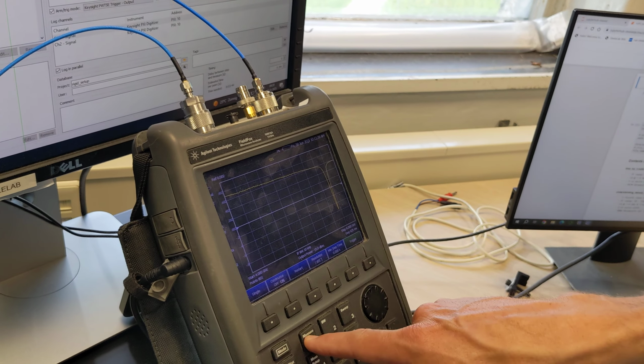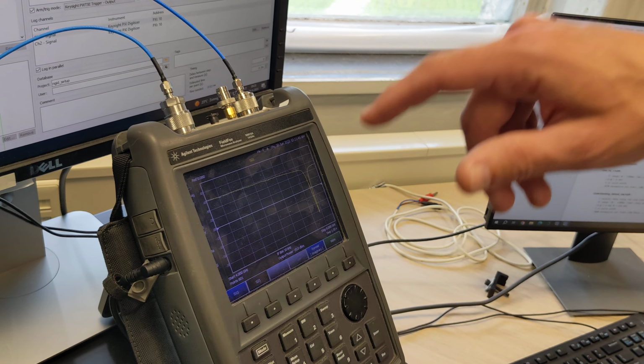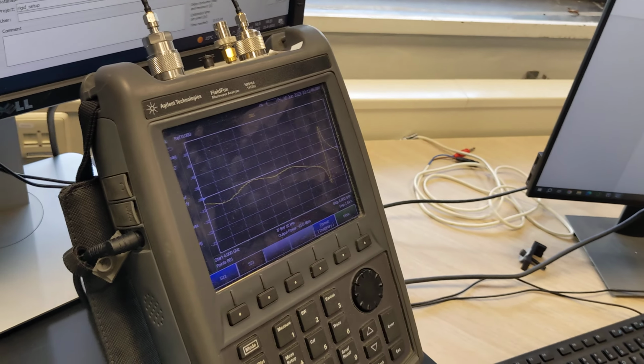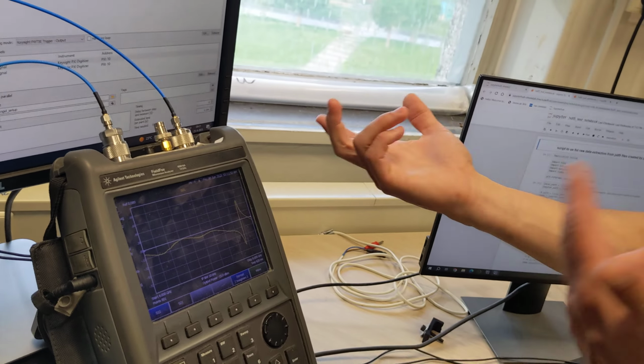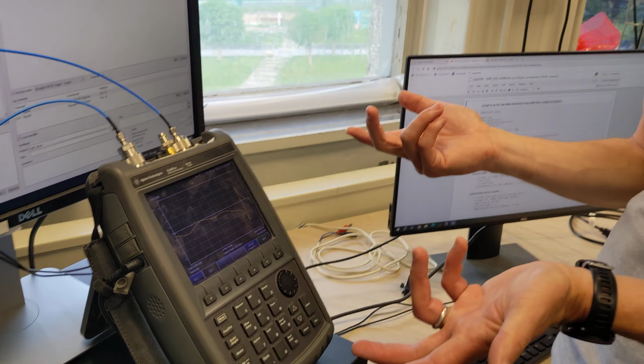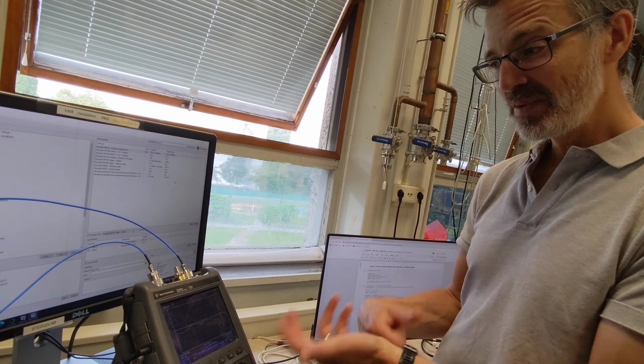And if I push measure, format imaginary, then we get a blip. Now actually the imaginary is the one that's sensitive to the phase. If you have cable reflections, they show up first order in the phase, and they only show up second order in the amplitude.